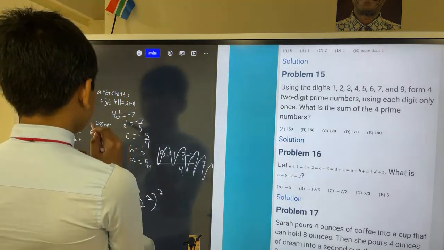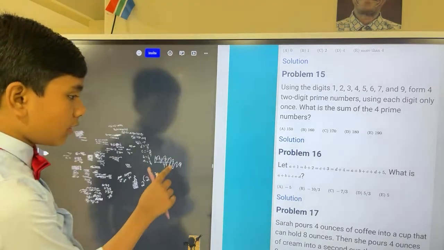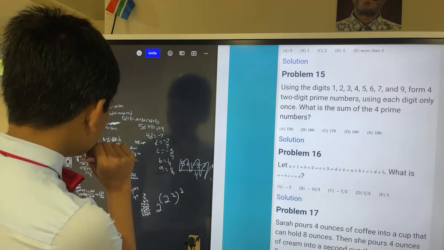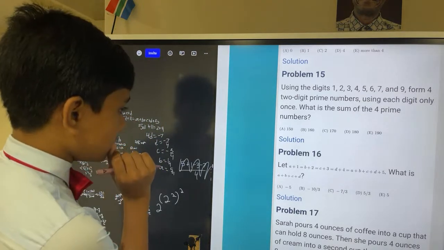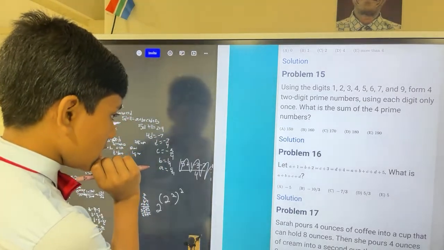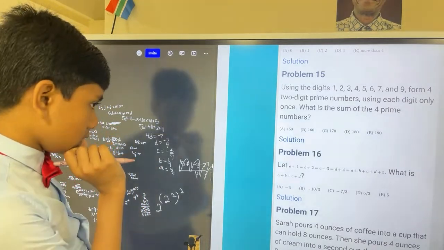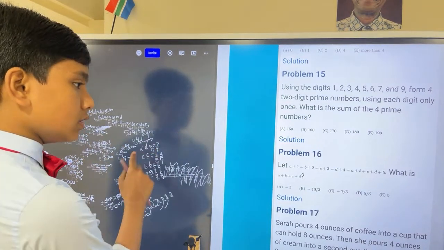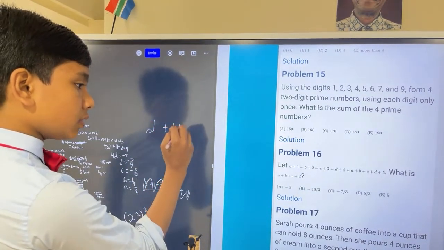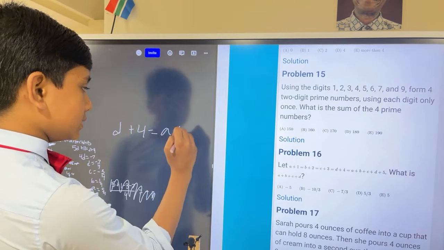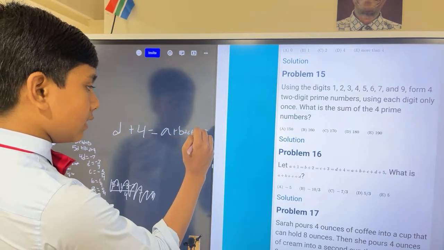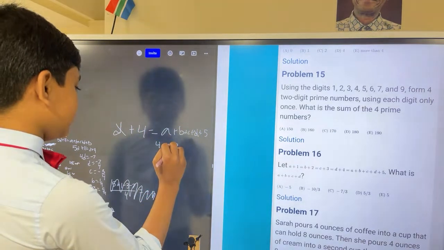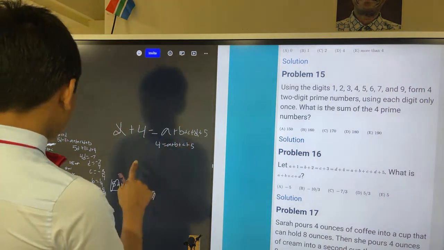That's weird. Alright, let's try doing it with a slightly different approach. So, let's see. So, we know D plus 4 equals A plus B plus C plus D plus 5. Then we know 4 is just A plus B plus C plus 5.